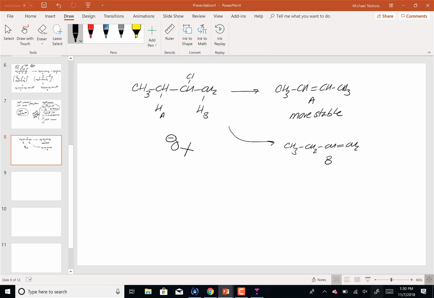It's a primary hydrogen. We can label hydrogens the same degree as their carbons. So HB is a primary hydrogen, HA is a secondary.